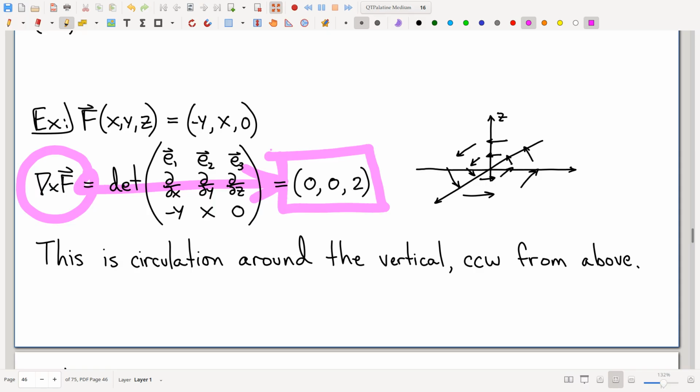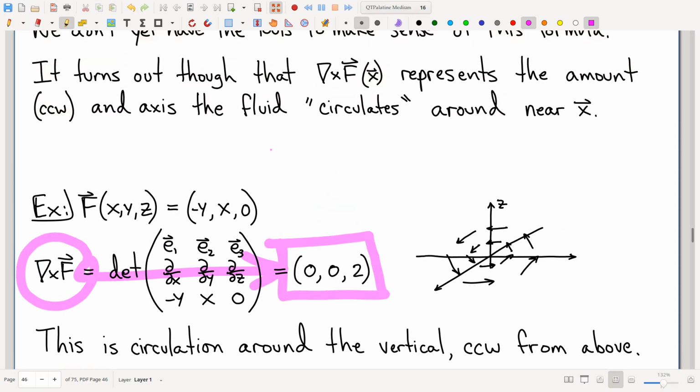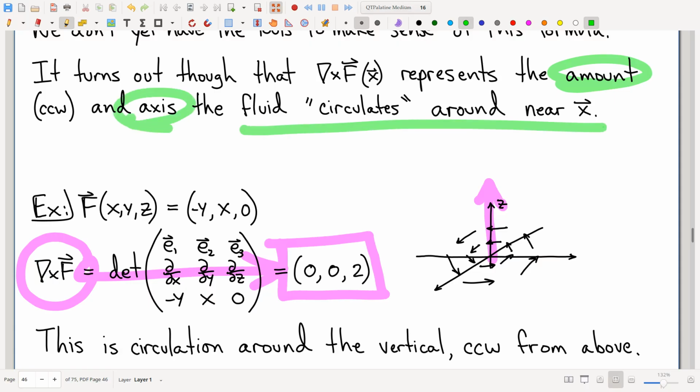Now, let's go back up to the interpretation I'm claiming. That curl vector points up, and the claim being made up here is that this represents how much and around what axis the fluid is circulating. Again, I haven't defined that term yet, and forgive me, I'm about to commit a math crime, just so we can talk about this.